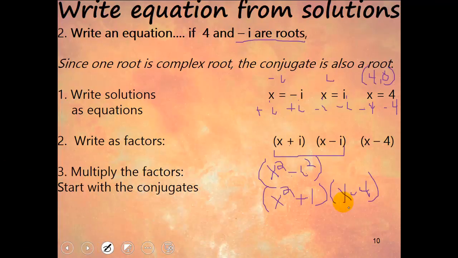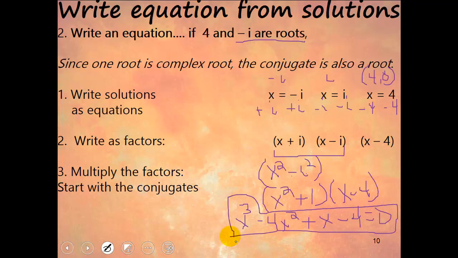So I get x cubed minus 4x squared plus x minus 4 equals 0. And there we have it. There is our equation.